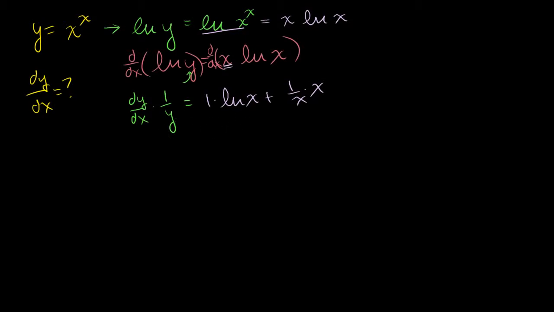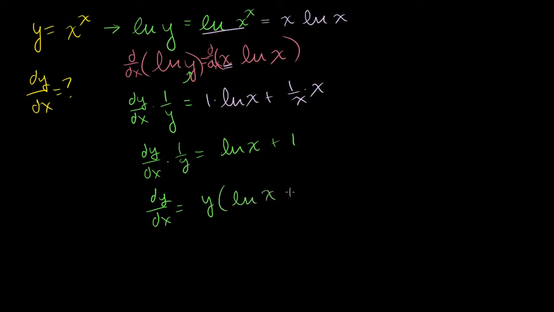And so we get dy dx times 1 over y is equal to natural log of x plus, this just turns out to be 1, right? x divided by x. And then you multiply both sides of this by y. You get dy dx is equal to y times the natural log of x plus 1.